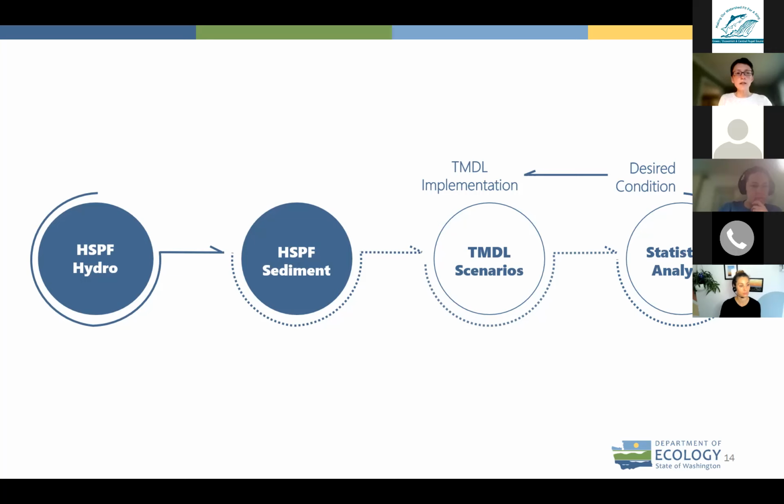For instance, I'm sure you would expect that the model will show us which portions of the watershed produce the most sediment, and that those will be the areas that will be addressed in a first phase, and then other portions of the watershed will be addressed subsequently in later phases. Hopefully this will get us to the final goal of restoration.